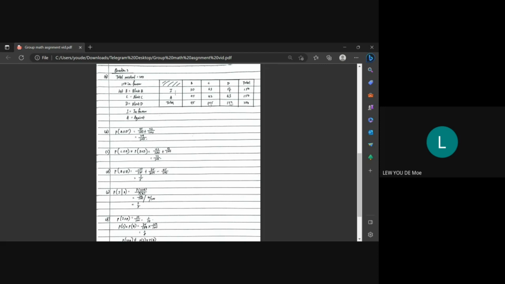obtain 105. And then moving to the next value, which is the number of block C residents who are against increasing of parking fees, which is 150 minus 63 minus 45, we can obtain 42.